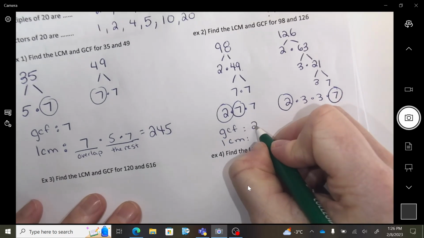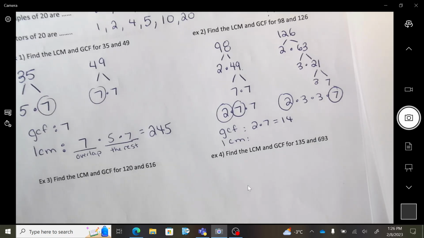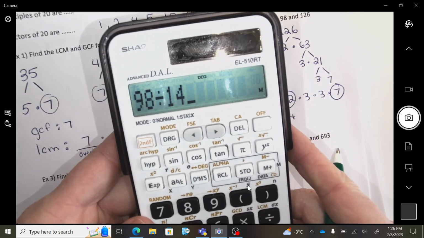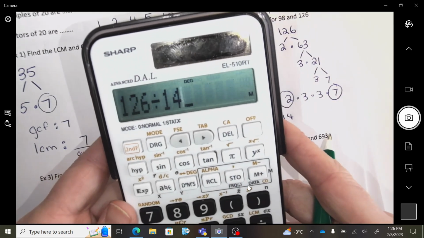So they're both divisible by 14. That's the largest number I'd be able to divide them both by. Okay? If you don't trust it, let's just check it out. Is 98 divisible by 14? 126, is it divisible by 14?